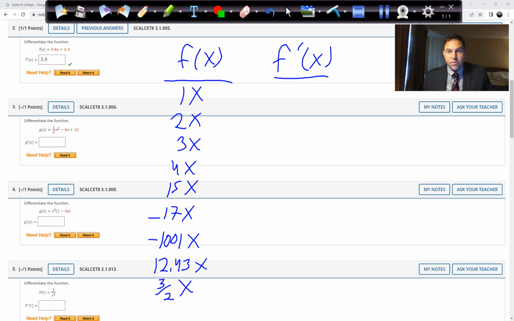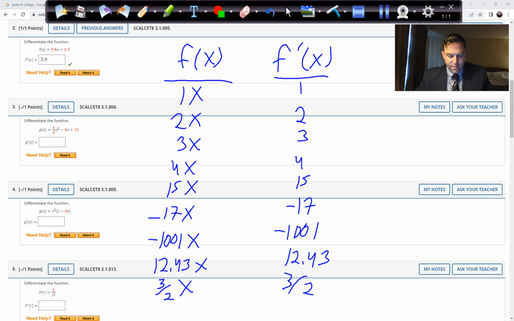You'll be able to do these derivatives really fast. The derivative is 1, 2, 3, 4, 15, minus 17, minus 1001, 12.43, and 3/2. So I would expect this to take you literally 2 seconds on a test. Derivative of a number in front of x is just that number.